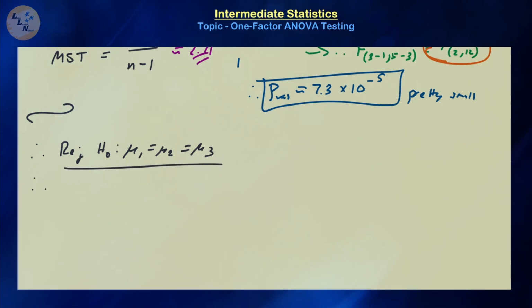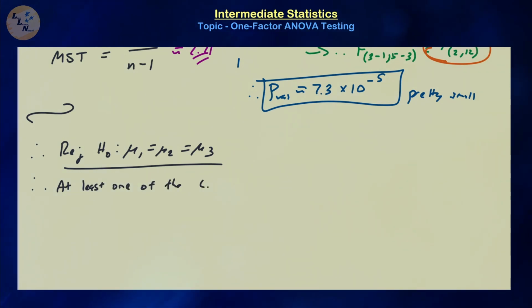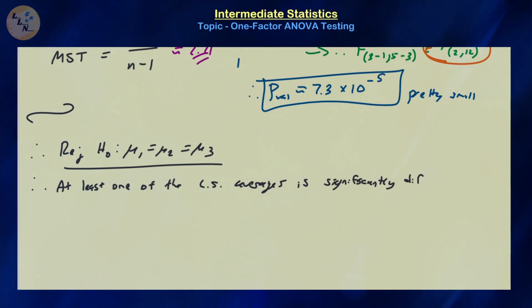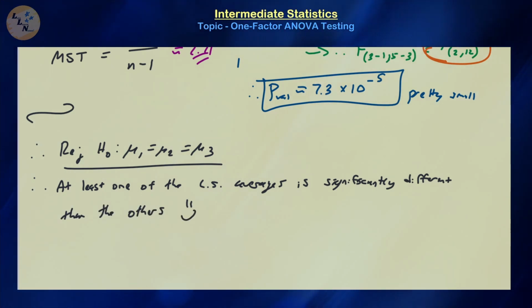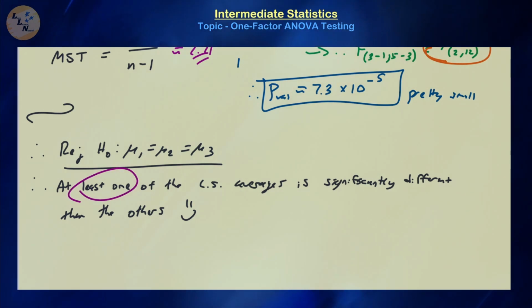So in terms of this rejection, how do we interpret it in terms of our example? That means at least one of these customer service averages is significantly different than the others, right? Now, can you take a guess at which one or which two or possibly which three are very different from the others?